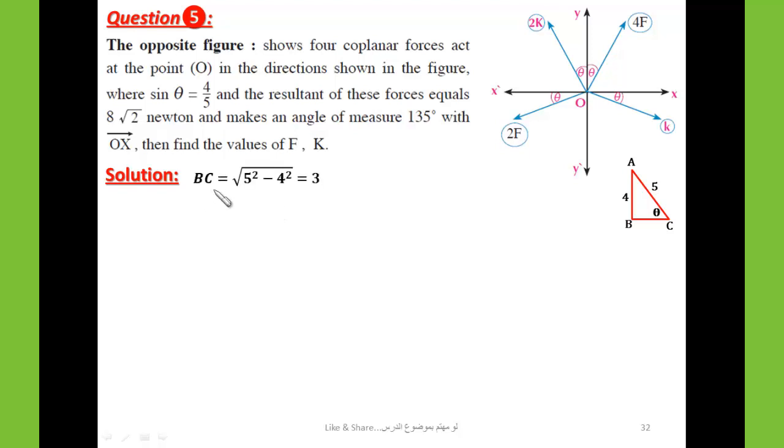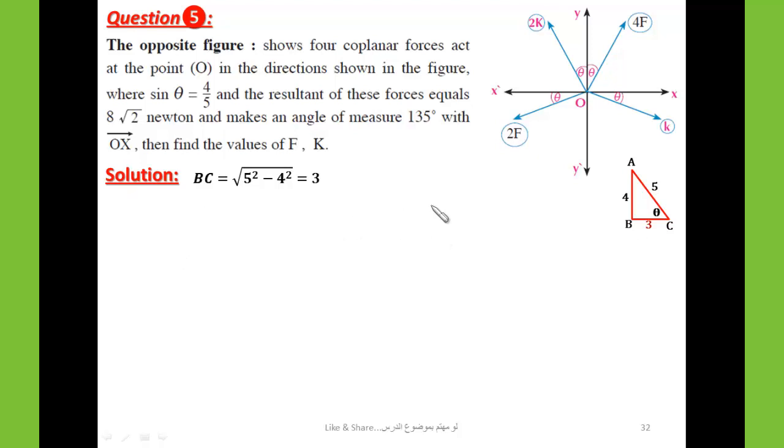BC equals the square root of AC squared minus AB squared, which is the square root of 5 squared minus 4 squared, which equals 3. So BC equals 3 units, and we write it here.